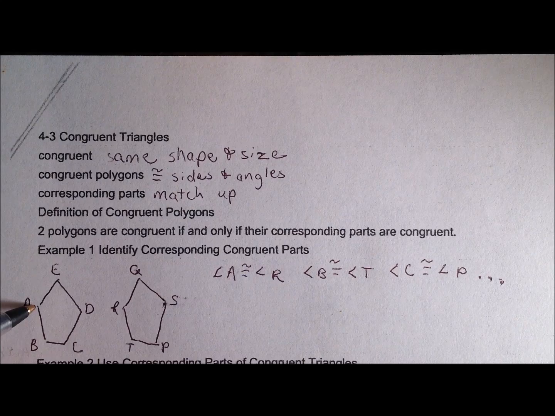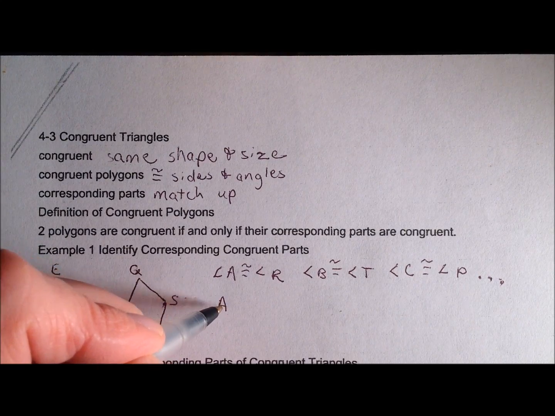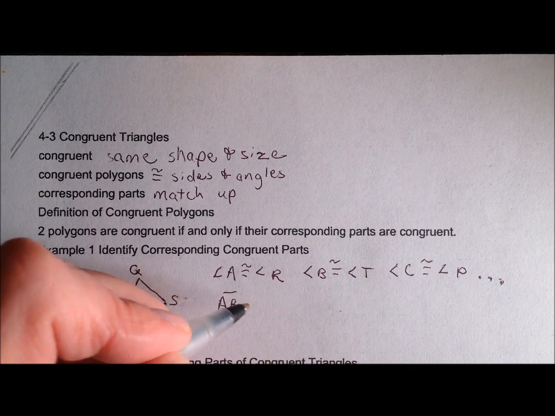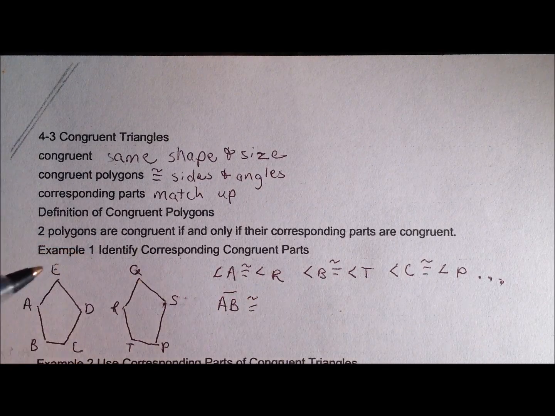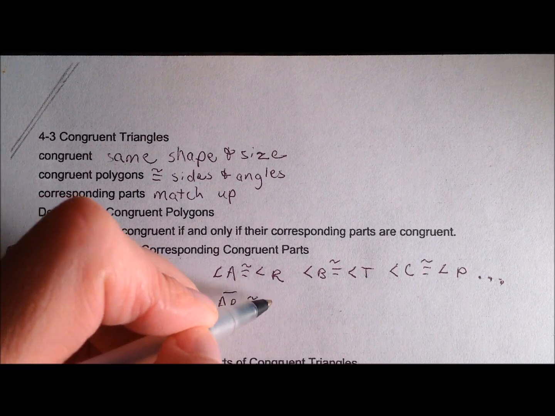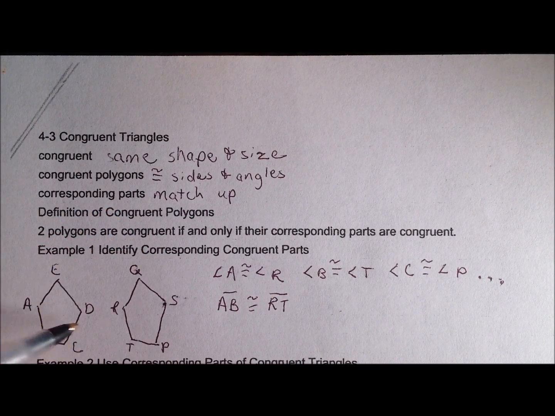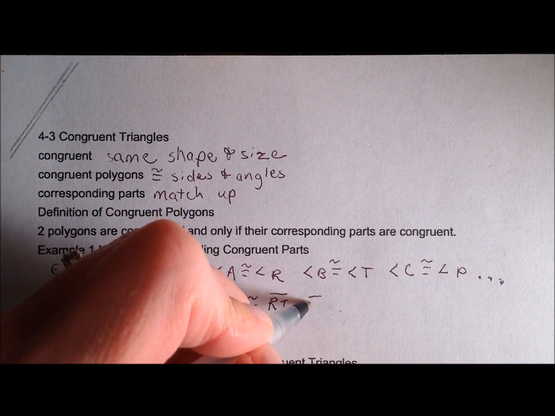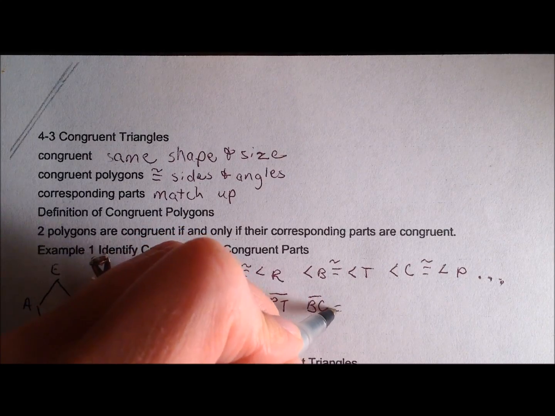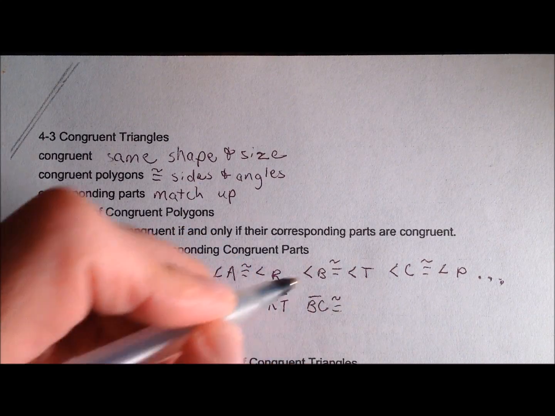And we would have segment AB congruent to segment RT. And it's important that you list them in the same order here. Segment BC is congruent to segment TP.